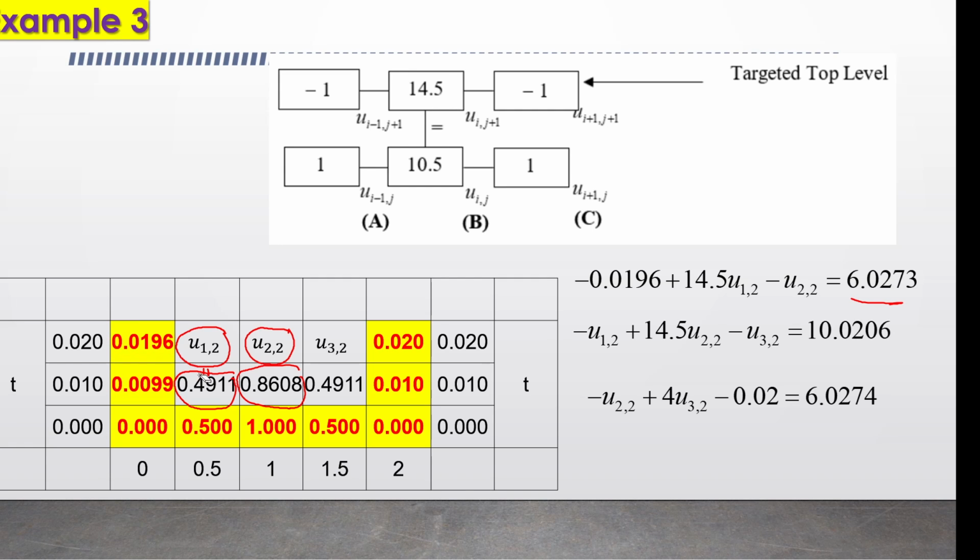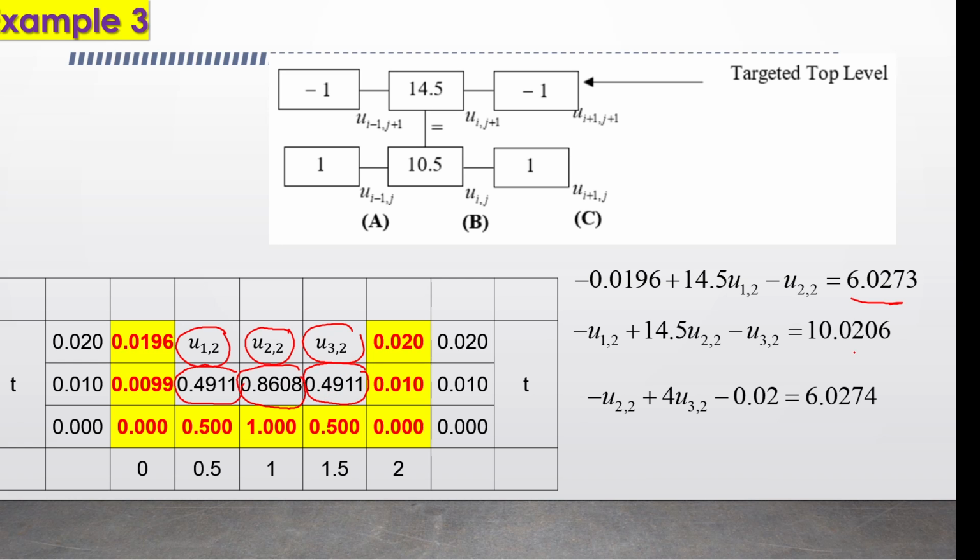Then move the molecule one column to the right. Erase this one. Here you get the second equation: negative U12 plus 14.5 U22 minus U32 equal to 1 times A, 10.5 times B is this value, 1 times C is 0.4911.